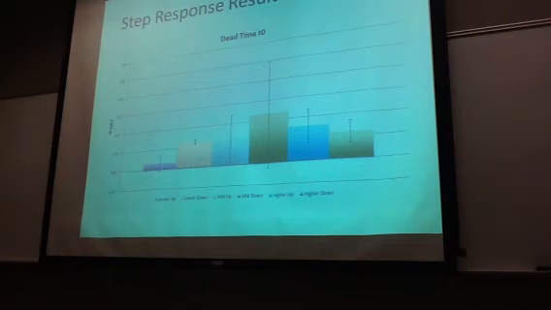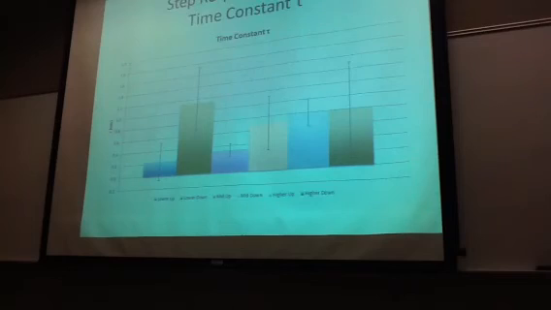For dead time, the dead time depended on how long the trial was overall, because it varied so drastically with how long it was in steady state. For our time constant, with the exception of the lower down step, it appeared that everything was increasing linearly, but again we had a large amount of error on that one.